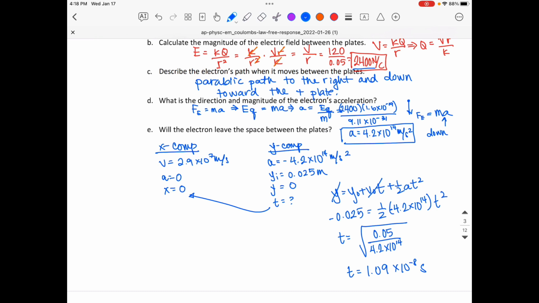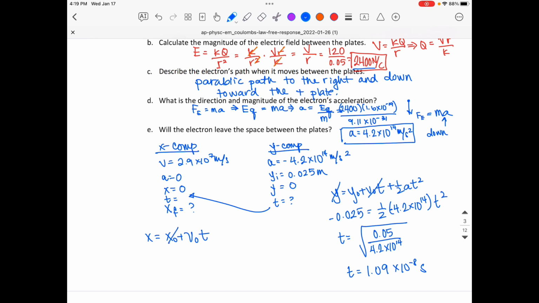And then I need to solve for the final position when time is equal to 1.09 times 10 to the negative 8. So I'm going to use x equals x naught plus v naught t. I know that the 1/2 a t squared cancels out because acceleration is equal to 0.